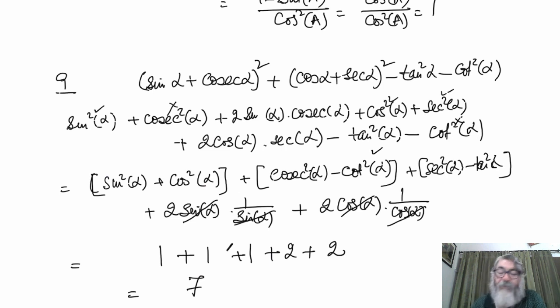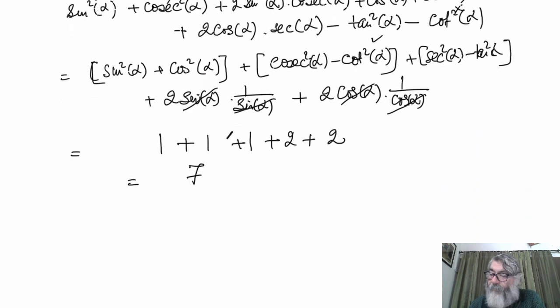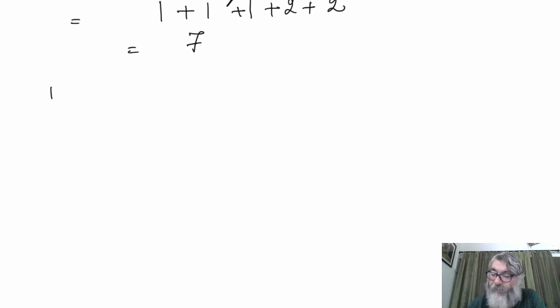Everything cancelled with each other and we were left with numbers which came out to be 7.